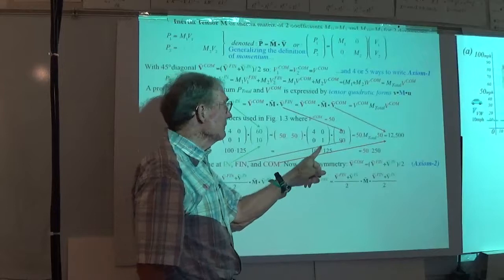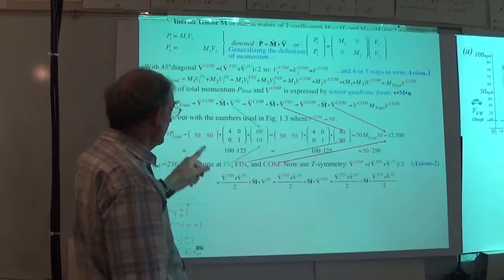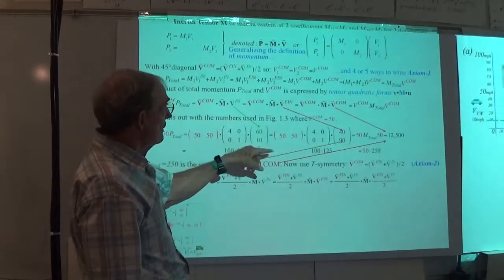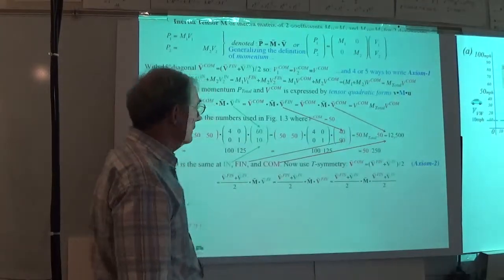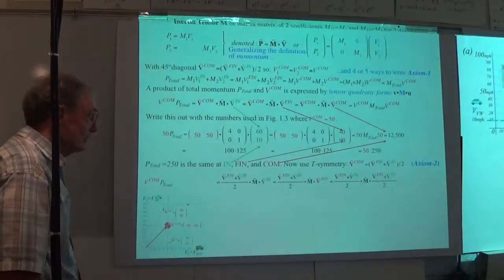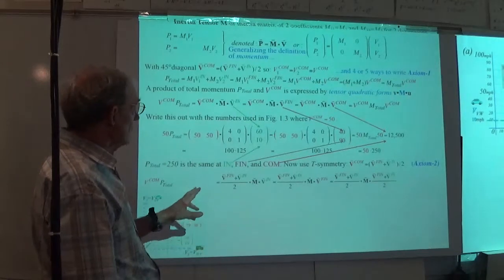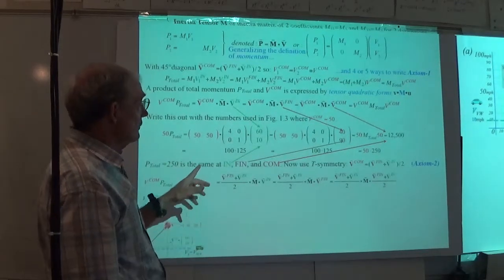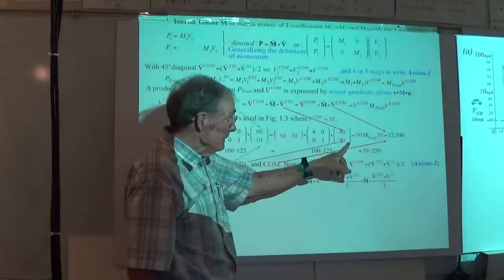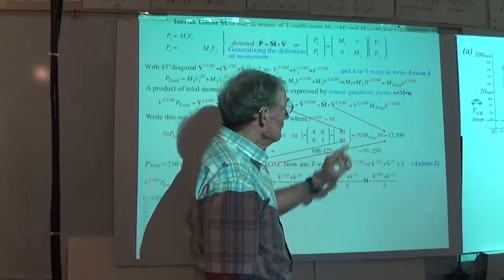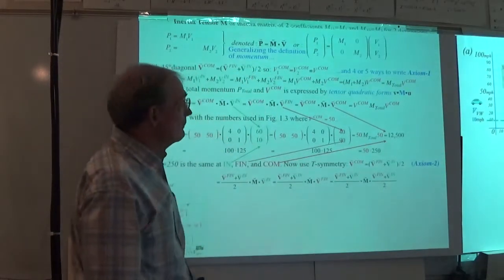If you're getting the same number out of this thing here as you are out of this thing here with 6010 instead of 4090. Okay? So you get to check yourself. So basically what we have is, shall we say, the quadratic form exposed.